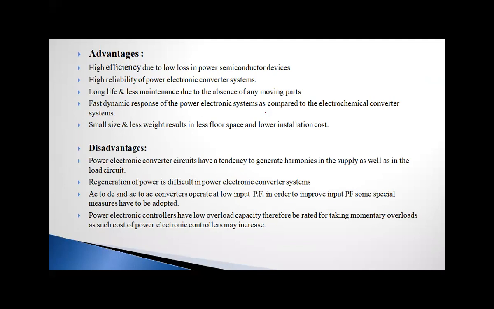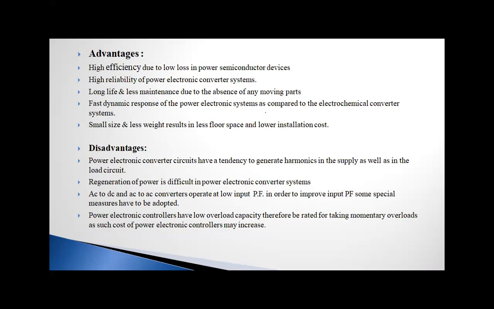Due to this low voltage drop, the power loss also decreases, so the efficiency increases. Ultimately, one of the main advantages of power electronics is that the efficiency of the system is high.